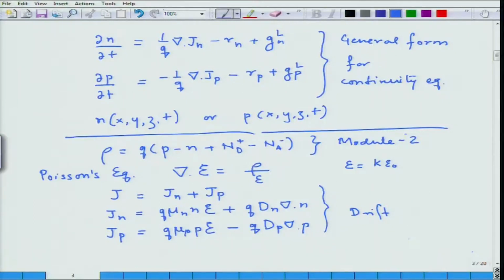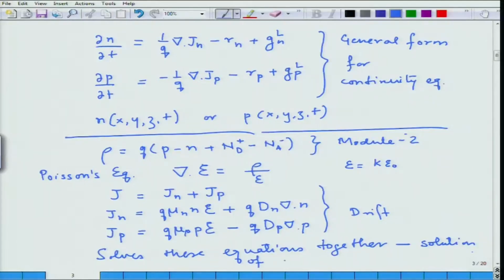So, when one solves these equations together, one finds a solution of steady state or dynamic behavior of the device.